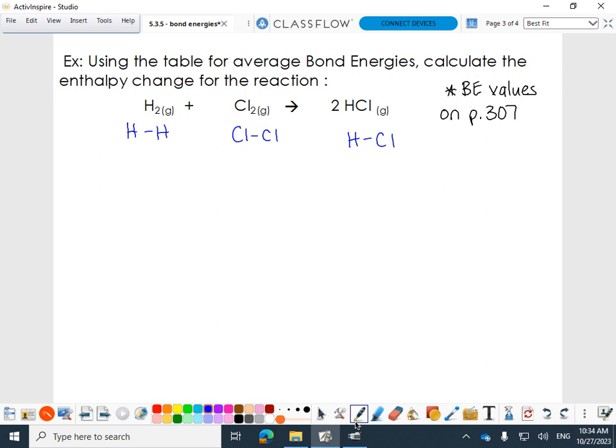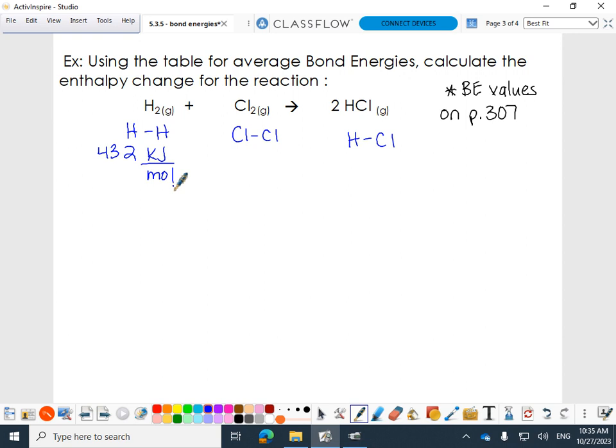Okay, so I'm going to write the reference value right underneath the bond. So HH is 432 kilojoules per mole. It does say they have simplified the chart. So it says none of these numbers have units. It says in the top here the units are kilojoules per mole.